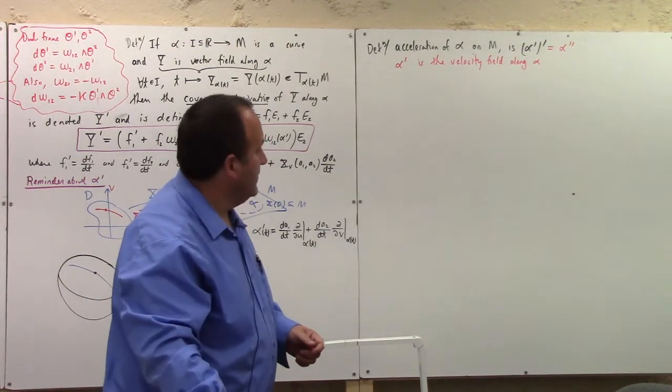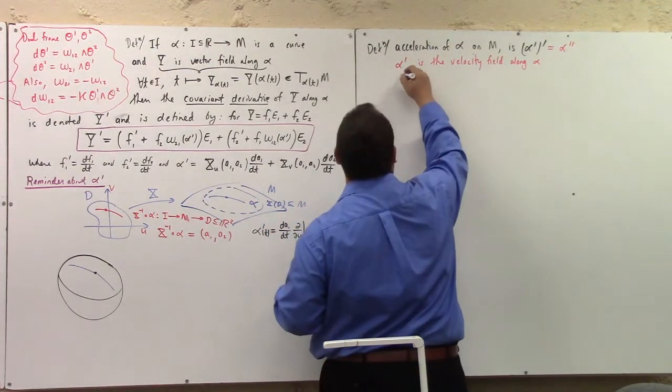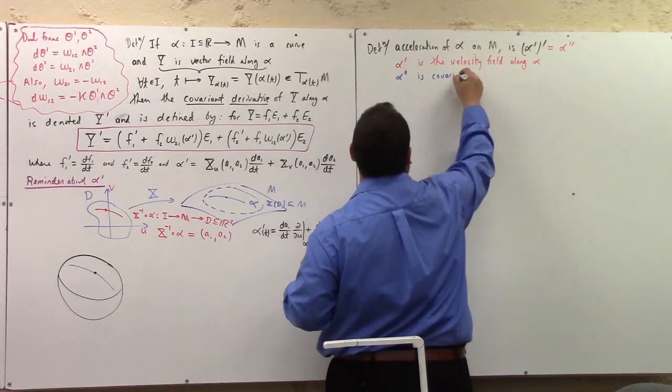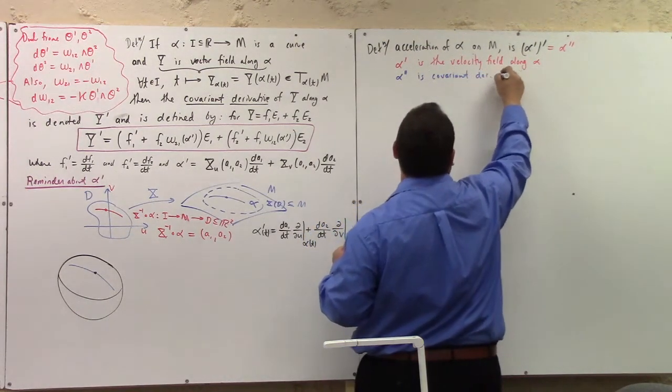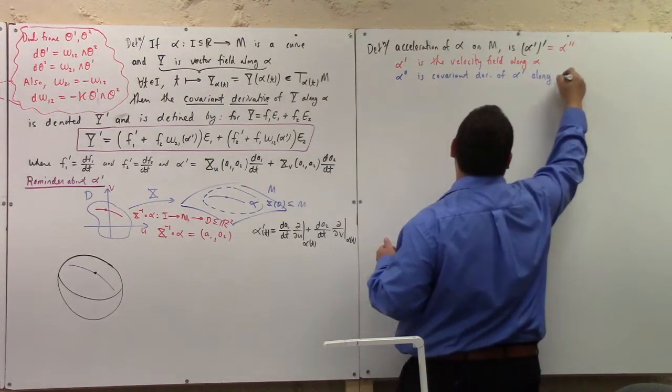Whereas alpha prime prime is the covariant derivative of alpha prime along alpha.